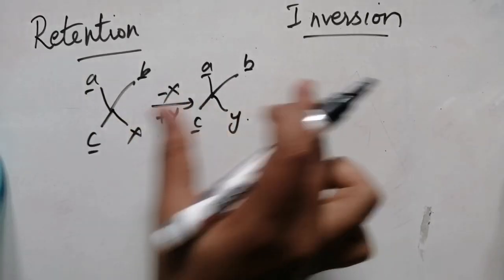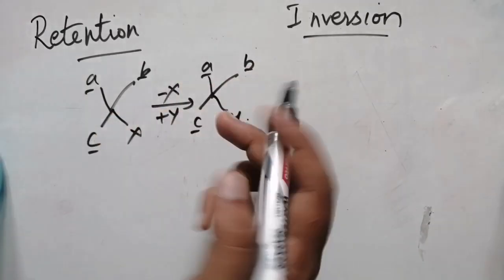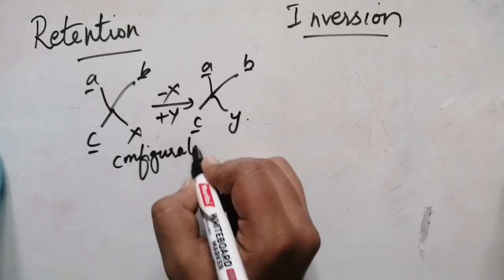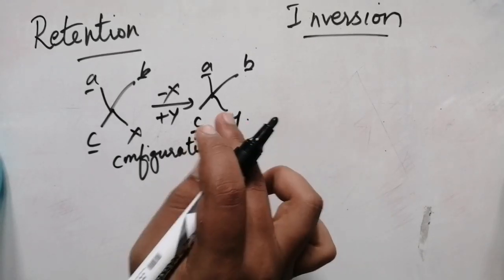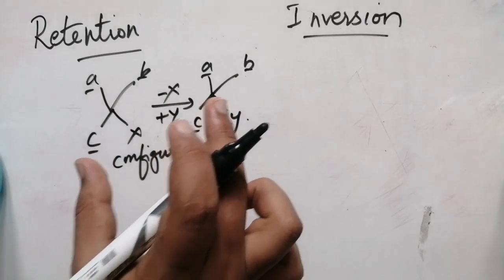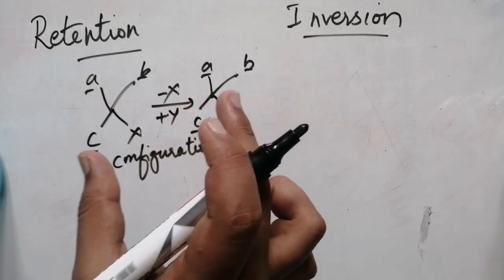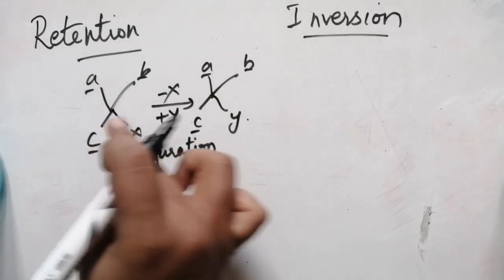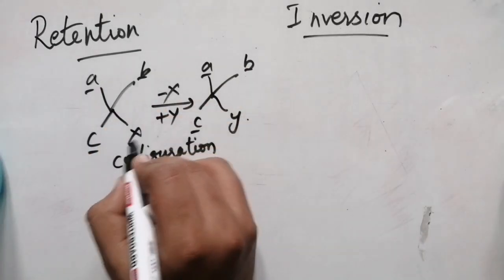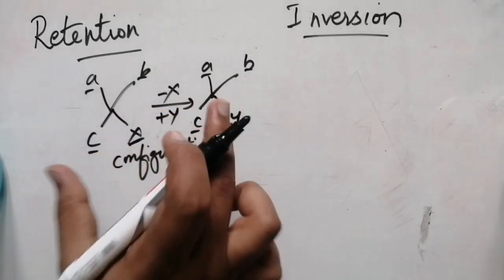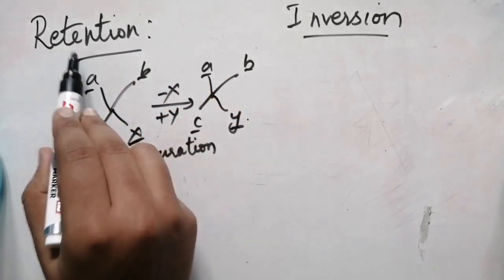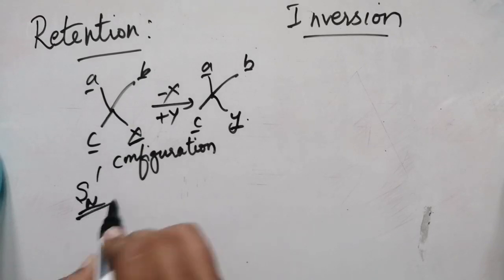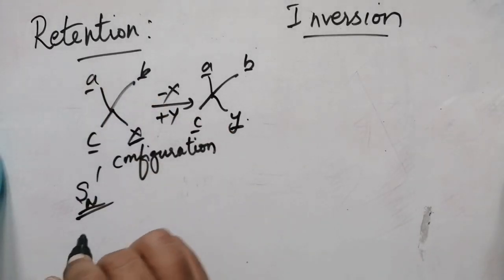They are all in the same position, so the configuration is not changed in the reaction. The structure is preserved in product and reactant, and that is called retention. The SN1 mechanism follows retention.